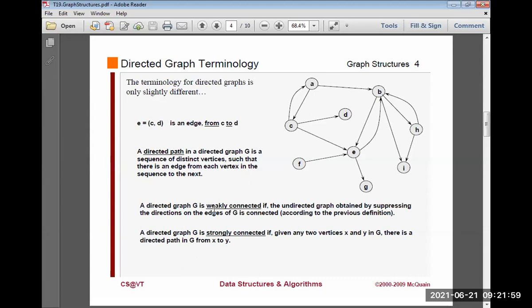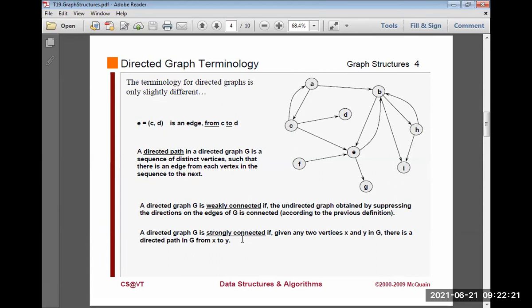So what is a weakly connected graph? What is a strongly connected graph? Weakly connected means if both the graphs are not connected directly, then we call it weakly connected.